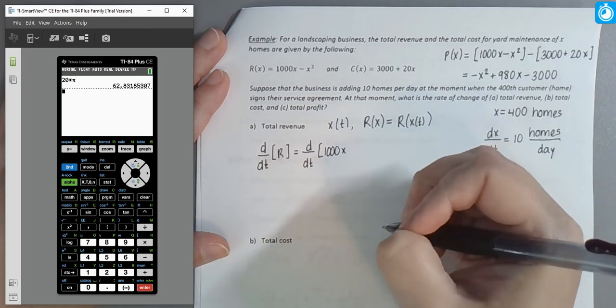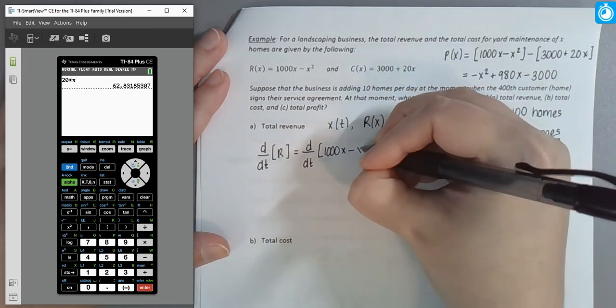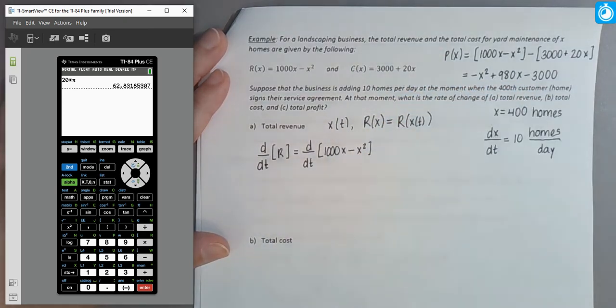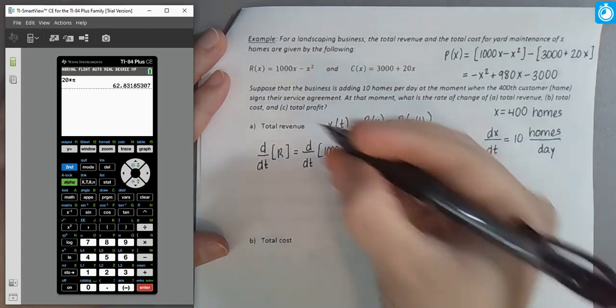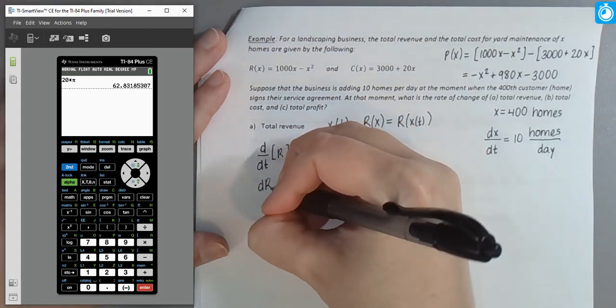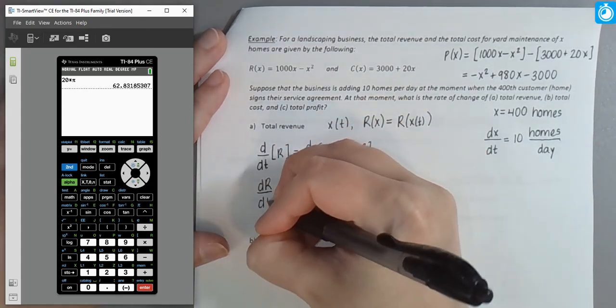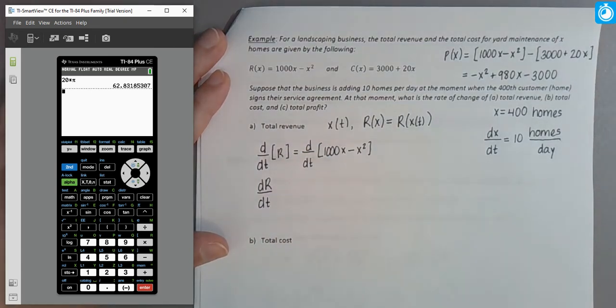So I'm differentiating 1000x minus x squared. Okay, so left-hand side, dR/dt, that's just dR/dt, and that's what we're looking for. We're looking for the change in revenue with respect to time.